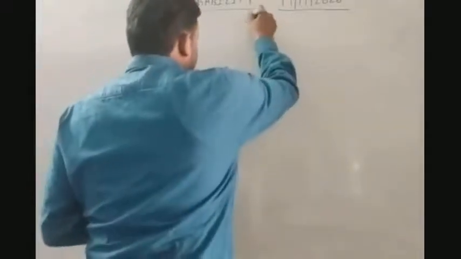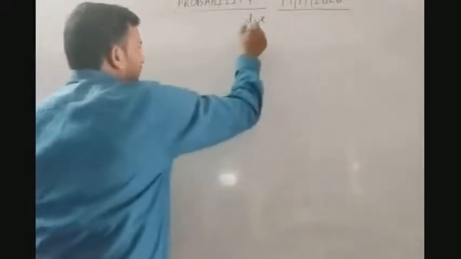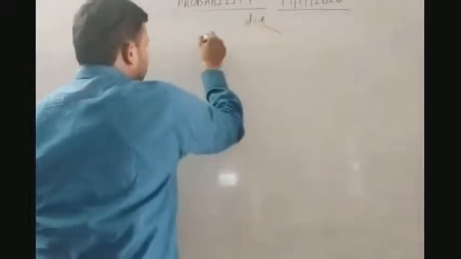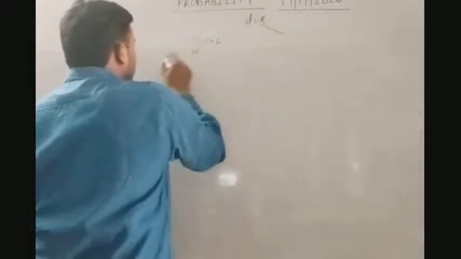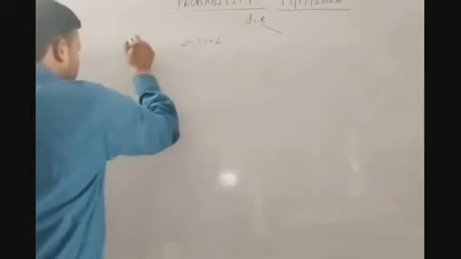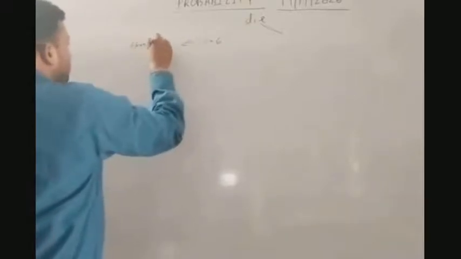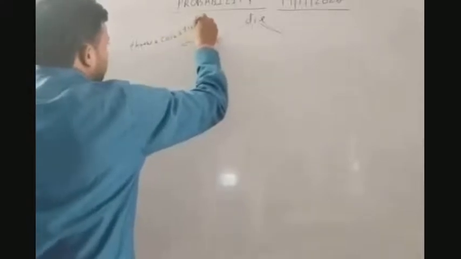Okay, so a girl has a die, and when she throws it, if it comes 5 or 6, then she throws a coin 3 times.